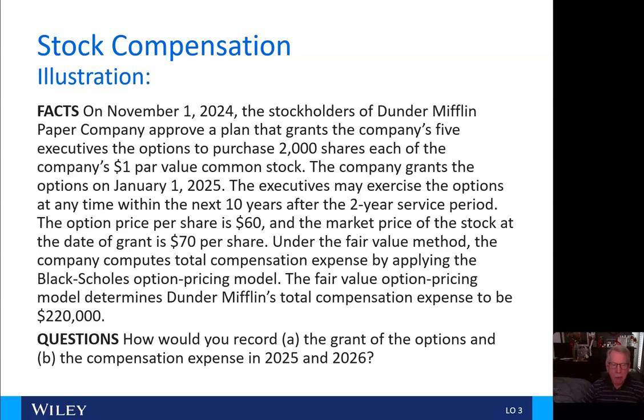You will not be asked in this course to do the arithmetic behind the Black-Scholes option pricing model. Okay, questions. How would you record A, the grant of the options, and B, the compensation expense in 2025 and 2026?